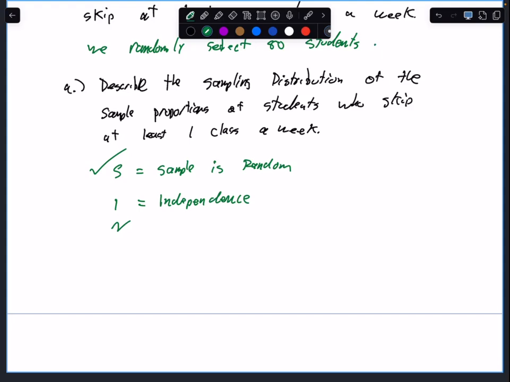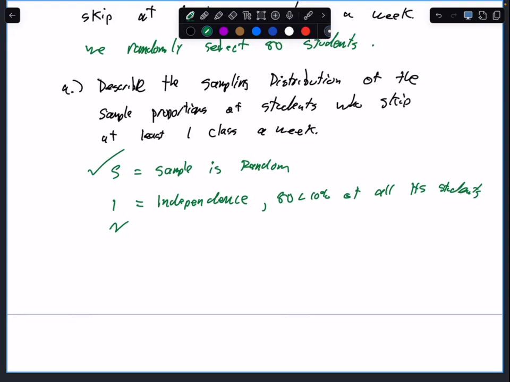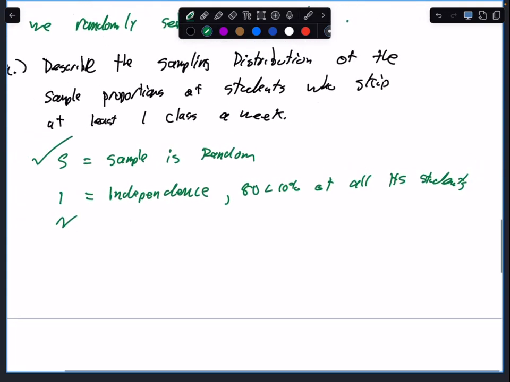For some of you, the answer is yes, so it wouldn't be totally independent. However, it is reasonable that 80 is less than 10% of all high school students. So even though it's not truly independent, 80 is less than 10% of all students.